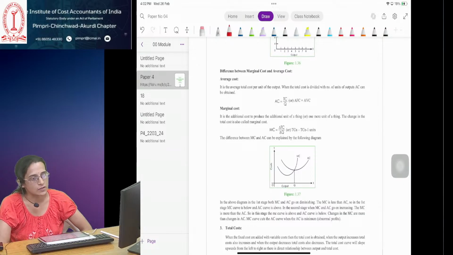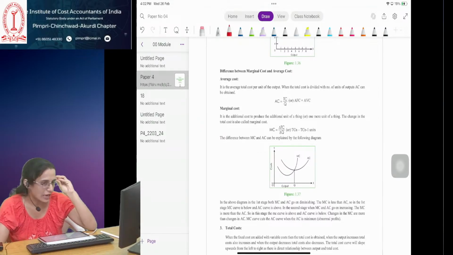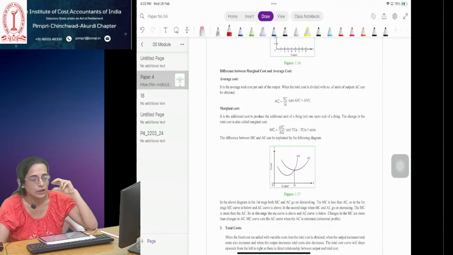Average cost we will discuss first, and then marginal cost, and the difference. What is average cost? It is the total cost per unit of output, right? How will we derive it? Total cost divided by number of units produced, right? Simple now, guys. If we have 10, 11, 12, what are we doing? We are adding it up, 10 plus 11 plus 12, and dividing by 3, similarly we will get the average, 11. So here also it is the same concept.